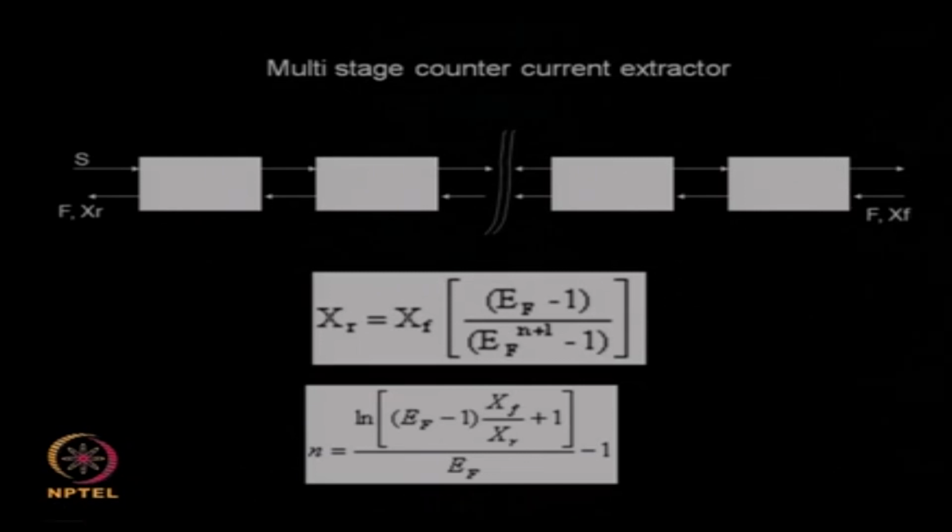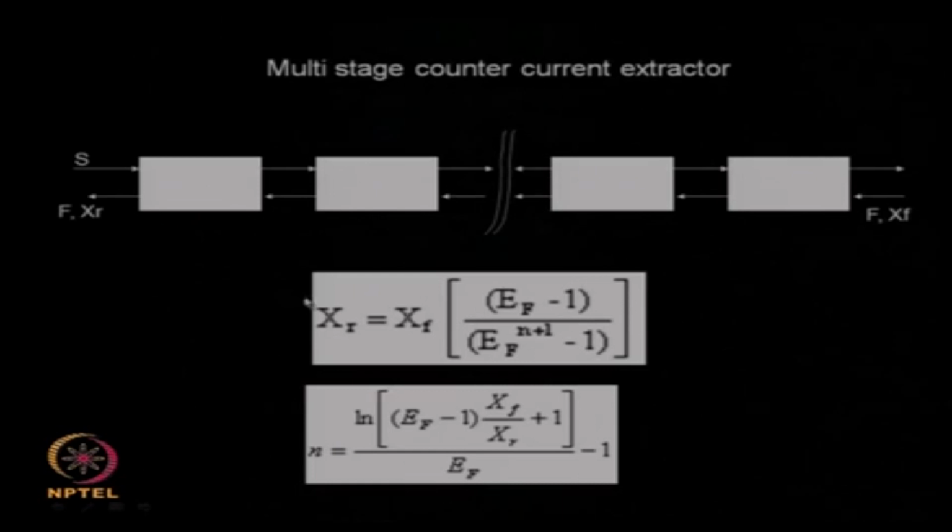The solute concentrations in these 2 streams are at equilibrium, and K is the concentration of the solute in the solvent that is leaving this particular stage divided by the concentration of the solute in the raffinate in this stage. So if you take this stage, for example, the solvent that is leaving is here, okay. So there is a difference between the solvent that is leaving and the concentration of the solute in the feed stage.